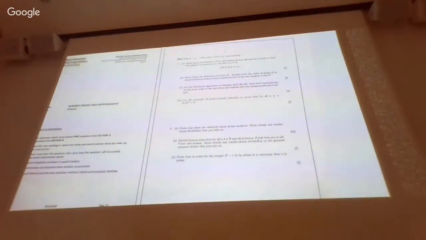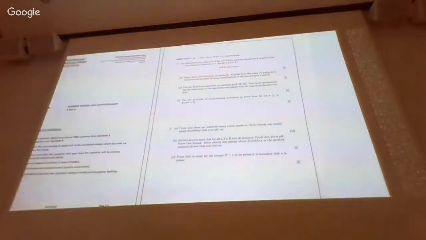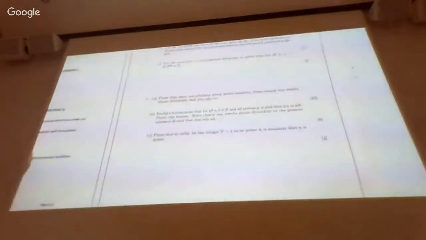So, as I said, there's 4 number theory questions and 4 for cryptography. Of the number theory questions, question 1 is roughly on early stuff: the definition of divisibility, greatest common divisor, Euclidean algorithm, induction. The second question focuses on prime numbers, some of the nice results concerning those.